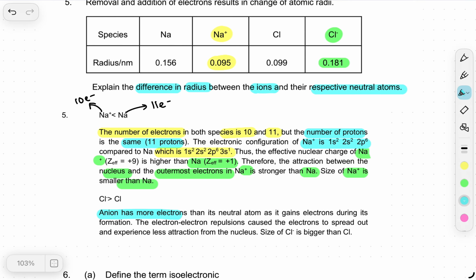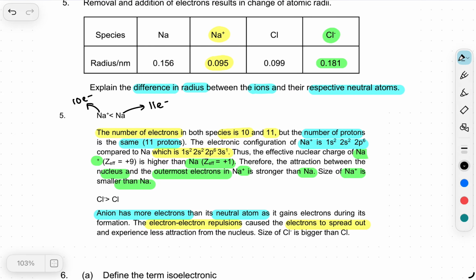Anions, in the other case, have more electrons than their neutral atoms, because electrons are gained during the formation of an ion. So when you have more electrons, you will naturally experience greater electron-electron repulsion, causing the electrons to spread out. How can we say this electron is spread out?